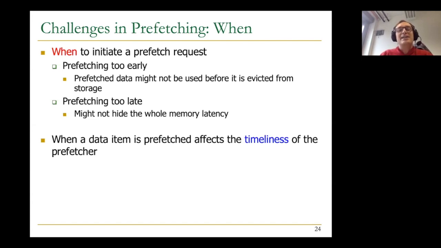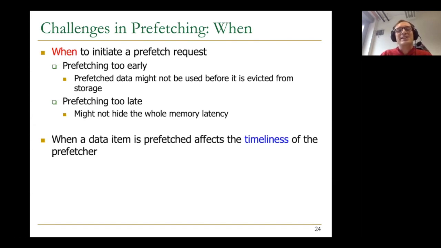But how many cycles did it take for me to actually finish the useful prefetch request, and how many of those cycles were covered by the prefetcher? Basically, the processor didn't need to wait for them. So for example, if it takes 500 cycles to prefetch the data and the processor needs the data 300 cycles after the prefetch started, you covered 300 cycles out of 500 cycles. So your timeliness could be considered as 60%, let's say.